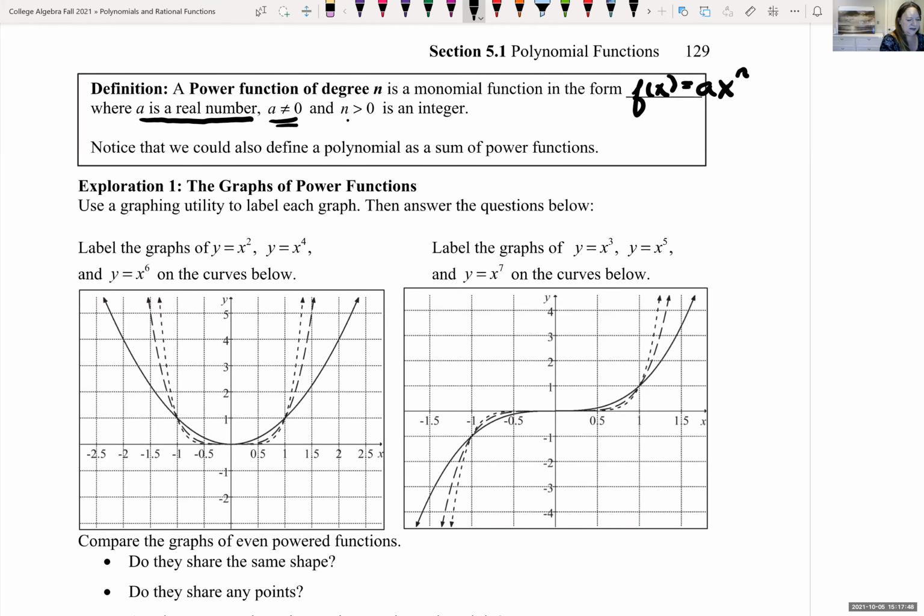And n, the power, is an integer greater than 0. So notice that we could also define a polynomial as a sum of these power functions.